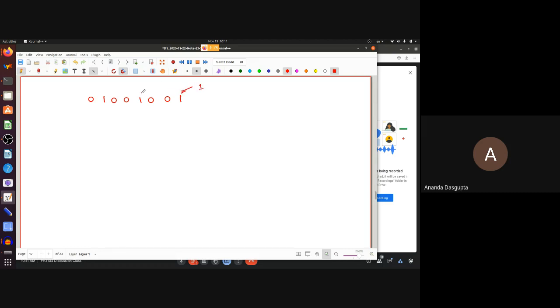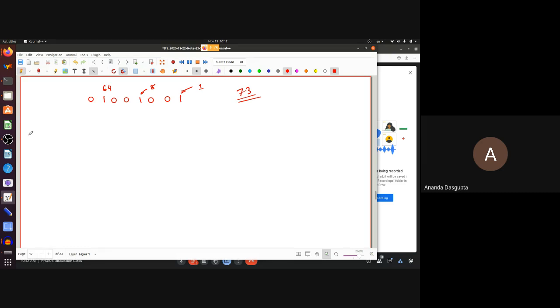This would have been 4. This is 8, 16, 32, 64. And this would have been 128, it's not there. So basically 64 plus 8 plus 1, that's 73. Okay, that's fine. So this is how you represent numbers in a computer.